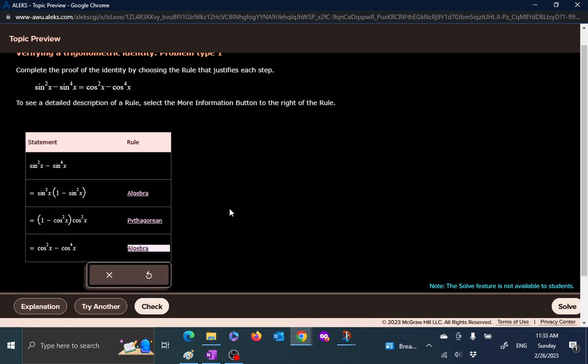And that completes the problem. Now, of course, here we are being guided by the software to choose certain identities.